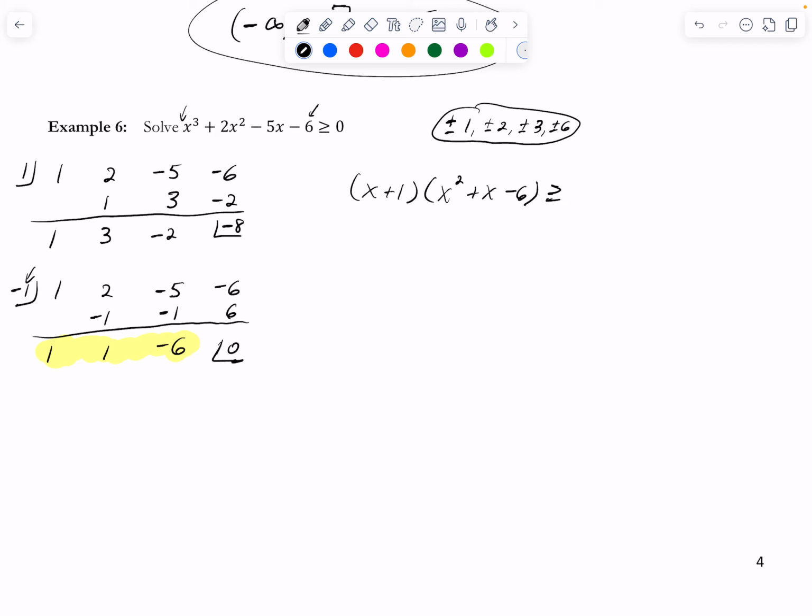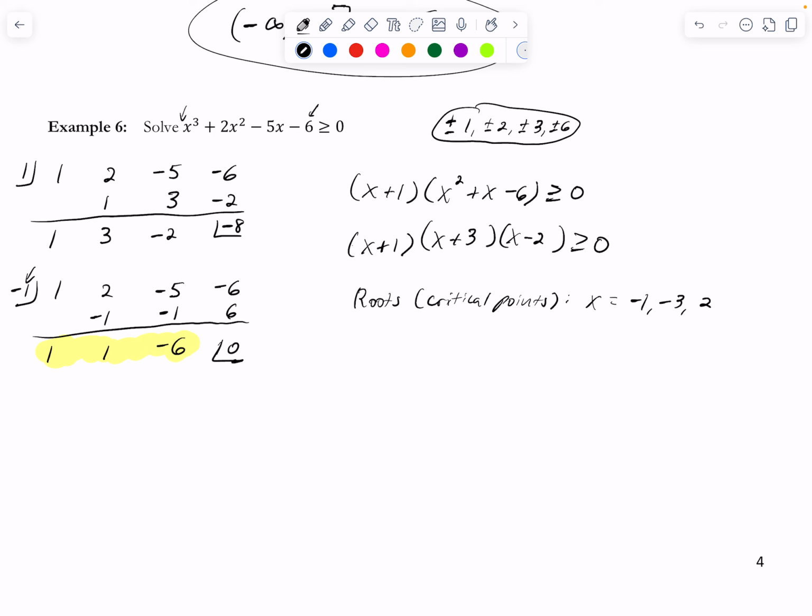And this is still all greater than or equal to 0. I'm going to factor this trinomial to be x plus 3 and x minus 2. Should be good. Let's make sure. Yes, that's good. All right, so then my roots or my critical points are going to be x equals -1, -3, and +2.